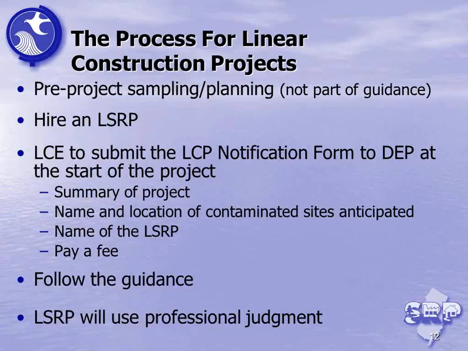They identify contaminated sites and areas of historic fill, and so some of the sampling that they may conduct as part of this pre-project planning, and I have to never do that alliteration again in a talk, they can also determine what they can use as clean fill. If the sampling they do identifies clean areas, they can use that within their project corridor as clean fill.